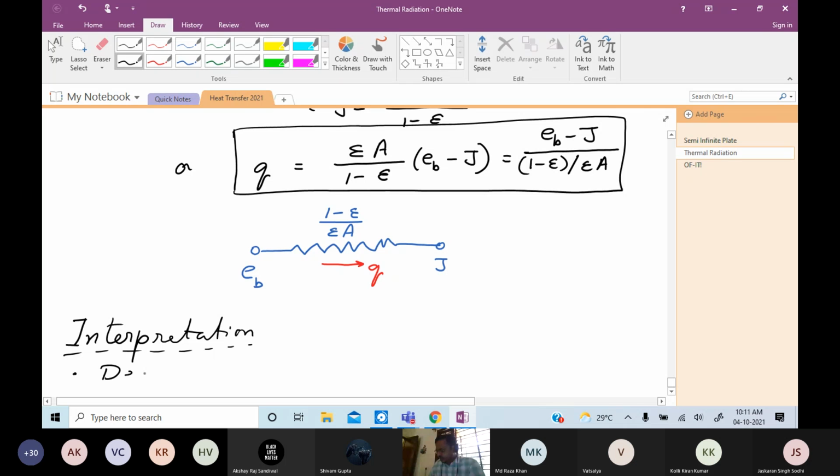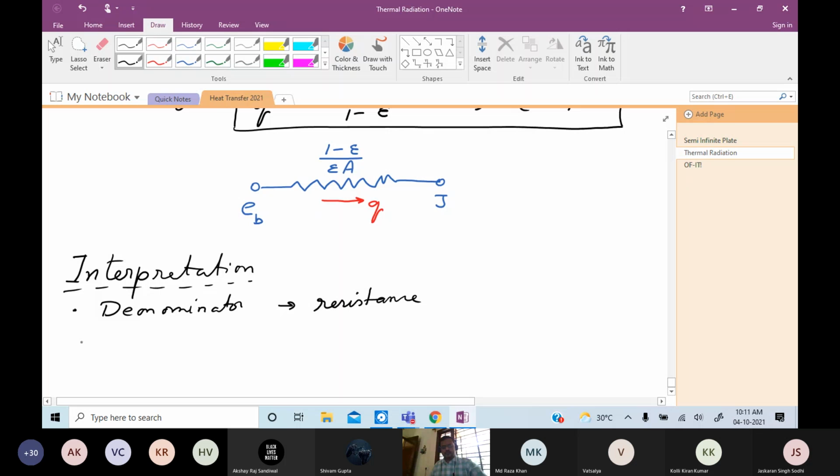The denominator can be considered equivalent to a resistance, right? And the numerator is like a potential difference, right?